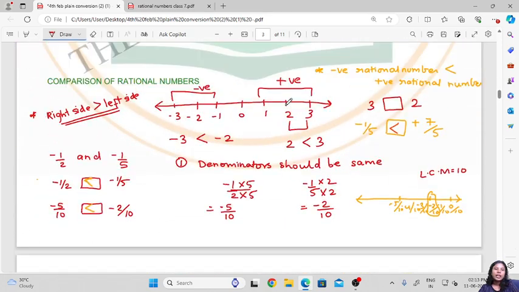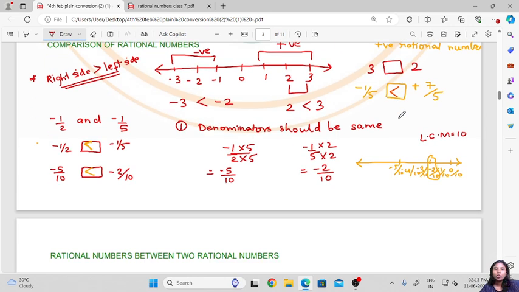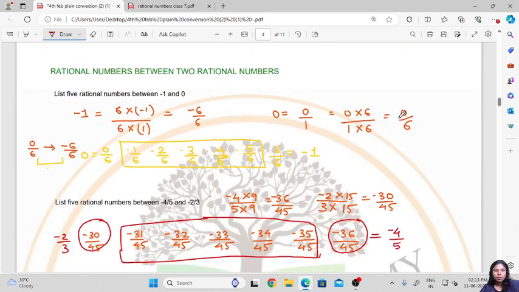Then we saw comparison of rational numbers, that is how we tell which number is greater or smaller than the other. Here we need to remember that numbers on the right side of the number line are always greater than the ones on the left. Also, when we have a positive and a negative rational number together, negative rational numbers are always smaller than positive rational numbers.